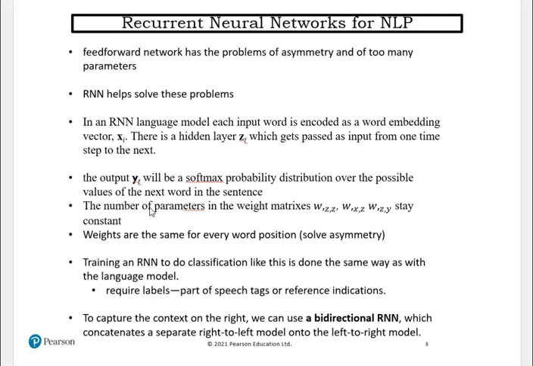We also want a probability distribution over the words in our training corpus, and we're going to end up sampling this distribution, or maybe picking the word with the highest probability, to determine what word comes next. So the output yt at any given time step t will be a softmax probability distribution over all the possible values of the next word in the sentence.